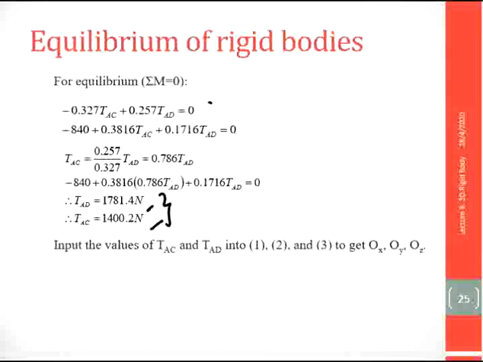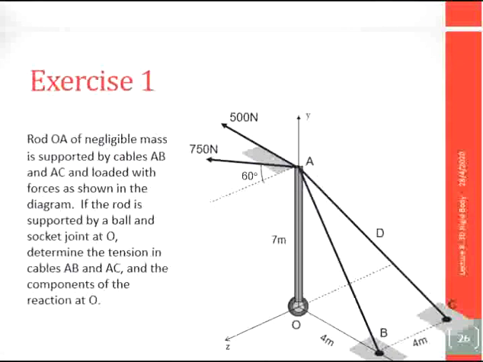You can try to put the values of TAD and TAC and get Ox, Oy, and Oz, so we can discuss in the next session. And the last one, try to do this exercise. That's all until now.